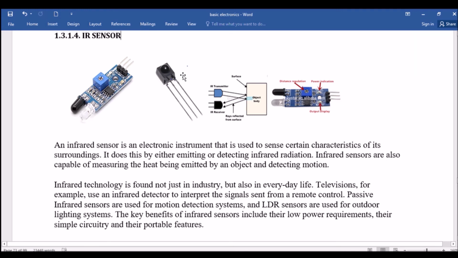We'll show you even how to install this type of infrared on the remote control of a TV, or how you can use it to control your home light or your lamp in your room using a remote control. We will show you all of this using these sensors.